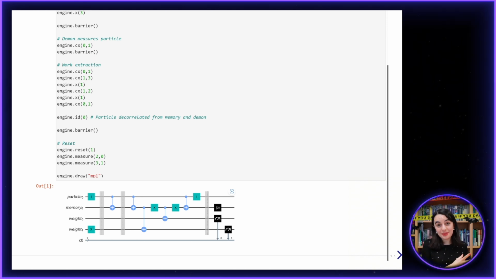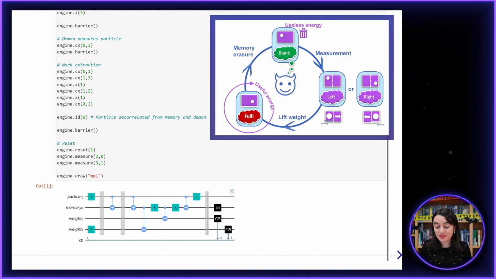So after doing all this, we end up with the memory being used up. So what actually happens is the memory has ended up in a maximally mixed state, and to repeat the cycle, we need to reset it to the 0 state.